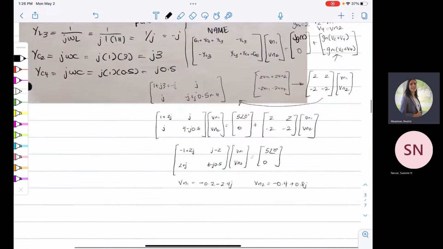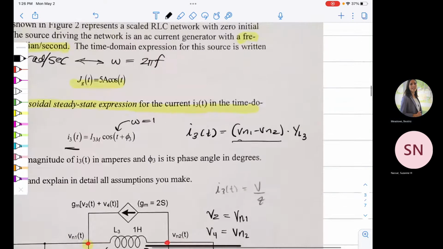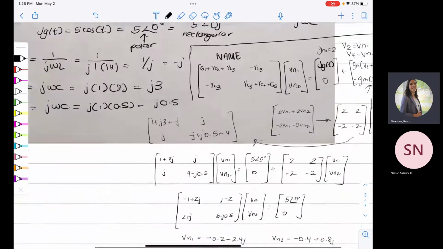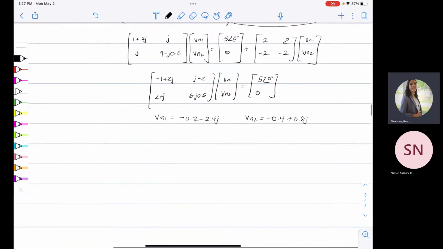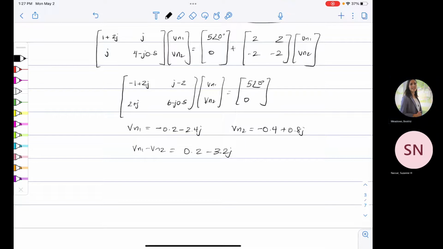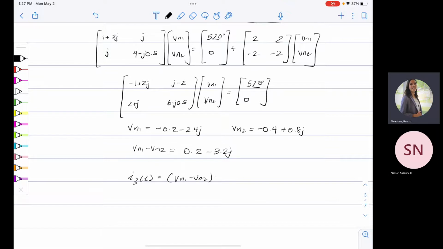So now back to what we were looking for. We want to find this, right? So we need to do Vn1 minus Vn2 and then multiply by admittance, right? So we do Vn1 minus Vn2. That gives us 0.2 minus 3.2j. And then we have I3 of t equals that Vn1 minus Vn2 times YL3.